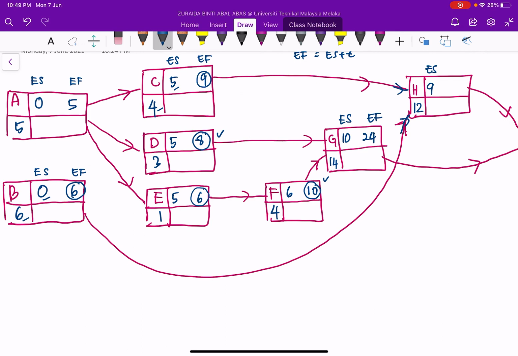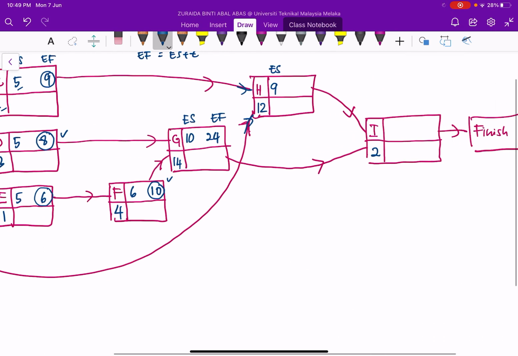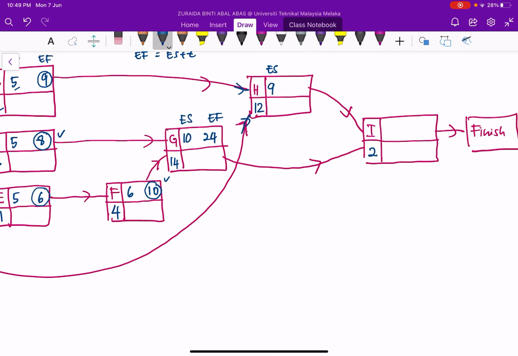Then you have I. Using the same concept as previously, I can only be started once H and G are completed. Sorry, we haven't filled in the earliest finish time for H yet. So 9 plus 12 is 21.